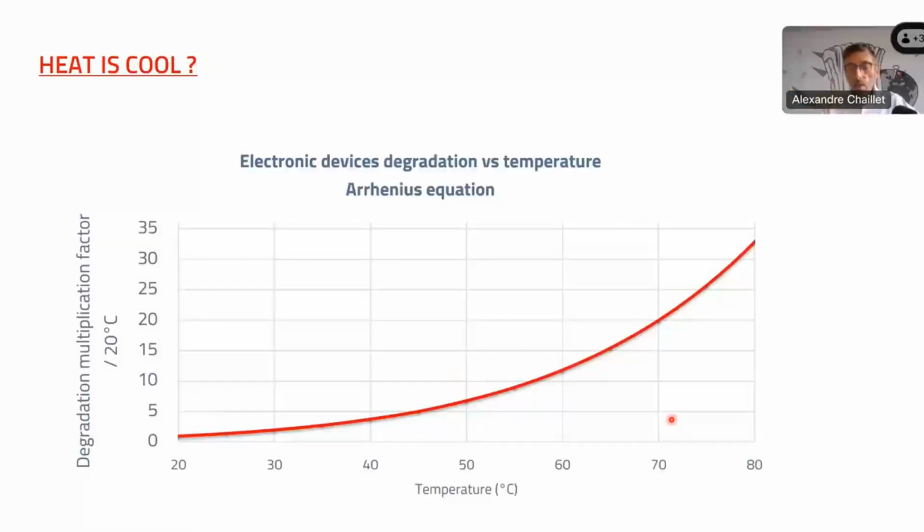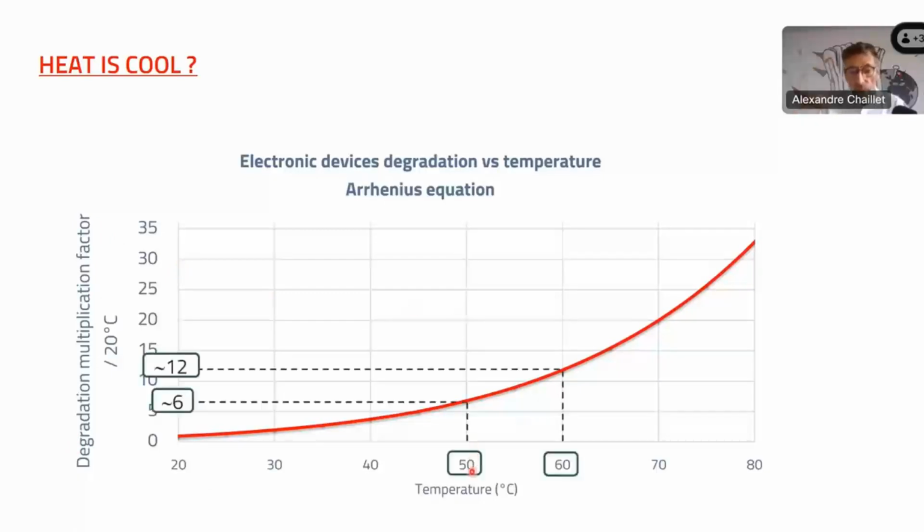Now, what is the consequence of high temperature? This is a curve given by the Swedish scientist Arrhenius. This is the Arrhenius equation. You've got the temperature on the x-axis, and on the y-axis, the degradation multiplication factor.